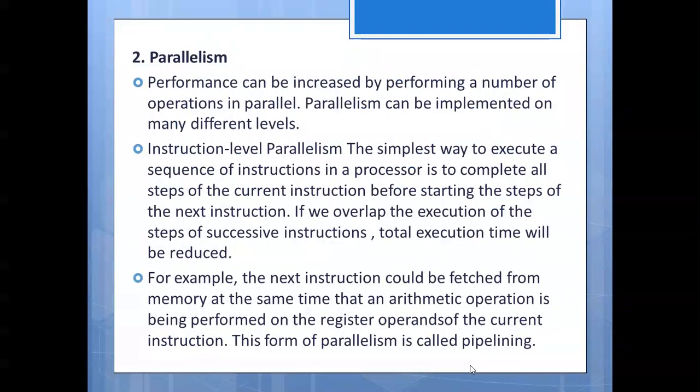The second parameter that influences performance measurement is parallelism. Performance can be increased by performing a number of operations in parallel, that is, multitasking. This can be implemented at many levels, for example, instruction level parallelism. The simplest way to execute instructions is to complete all steps in the current instruction before starting the steps of the next instruction. In parallel, for example, the next instruction could be fetched from memory at the same time the arithmetic operation is being performed on the register.